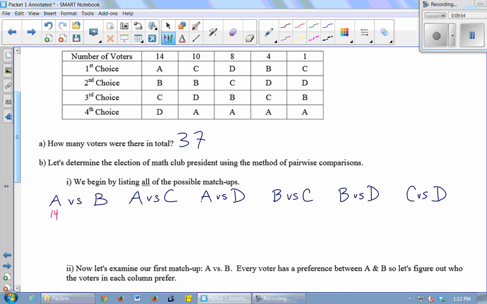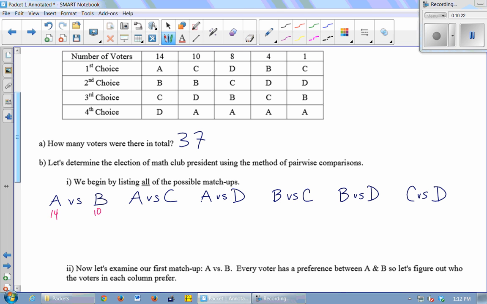If we force them to choose between A and B, who would they pick? B, because they have B ranked above A. So we're not just counting first place votes here, we're forcing everyone to choose between A and B. So these 10 people, we give those votes to B. And in fact, everyone else would choose B because they all have A ranked last. So every other column is going to go to B.